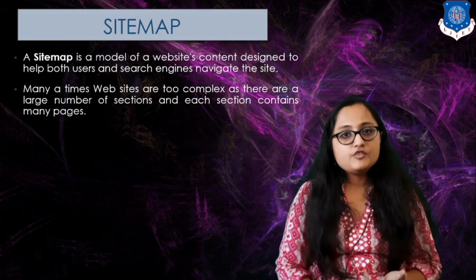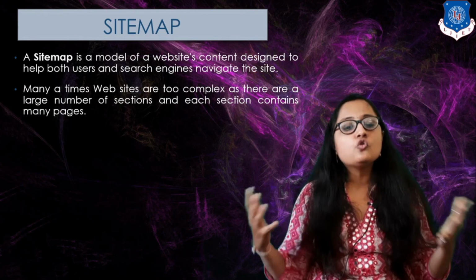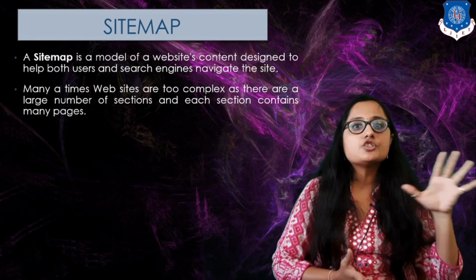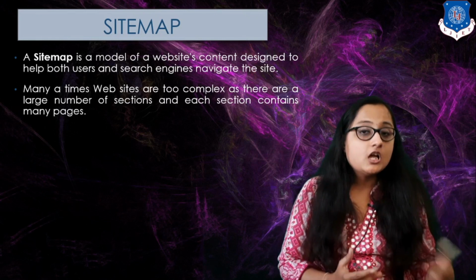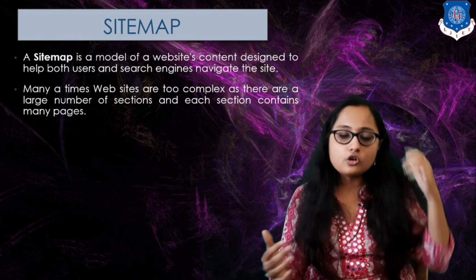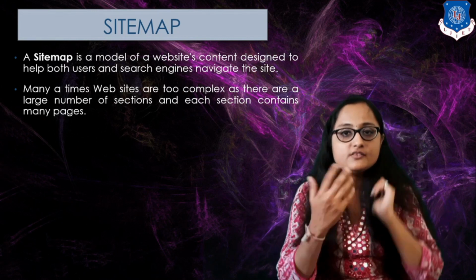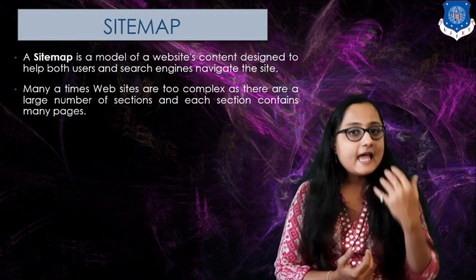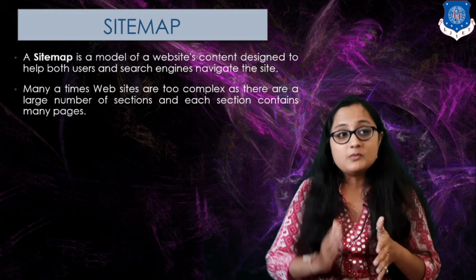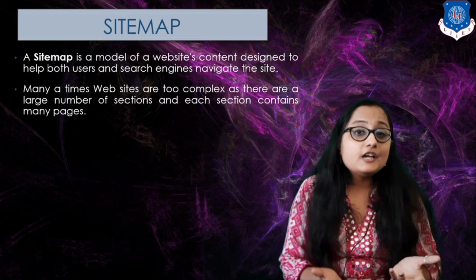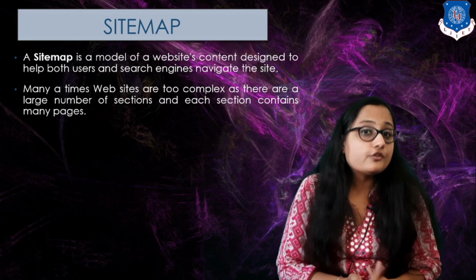Many a time we have seen that websites are too complex, as there are a large number of sections and each section consists of many pages. Normally these are e-commerce websites, like the shopping portals Amazon and Flipkart, right? They have multiple sections, multiple filters, and multiple pages for each of them.